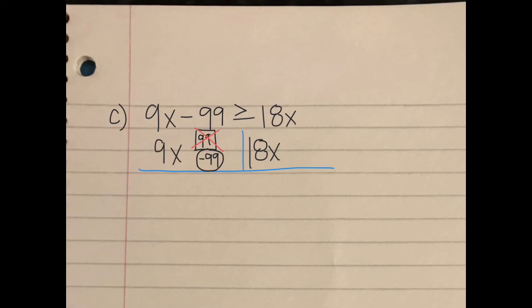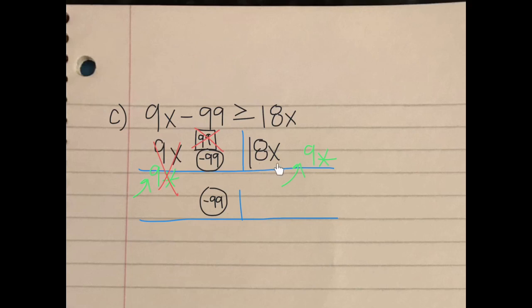What appears to me would be the easiest thing to do right now is to get rid of this 9x because that will leave 99 here. And I think I'd be able to solve it pretty easily. So what I'm going to do right away from the beginning is bring in 9 stars to each side. That would leave me on the left with -99. And on the right, I have to do a little bit of thinking.